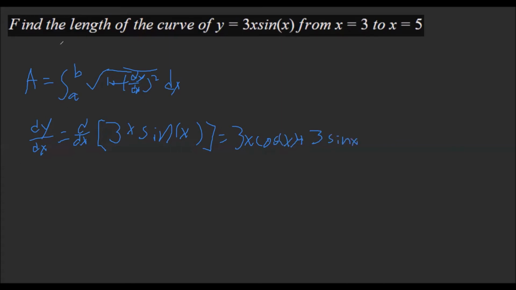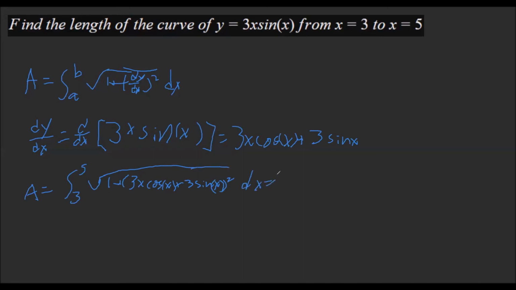Okay, and from here we can just plug that into our equation, and we might as well fill in what a and b are. a is 3, b is 5, and the integrand is 1 plus, in parentheses, 3x cosine x plus 3 sine x, squared, dx.